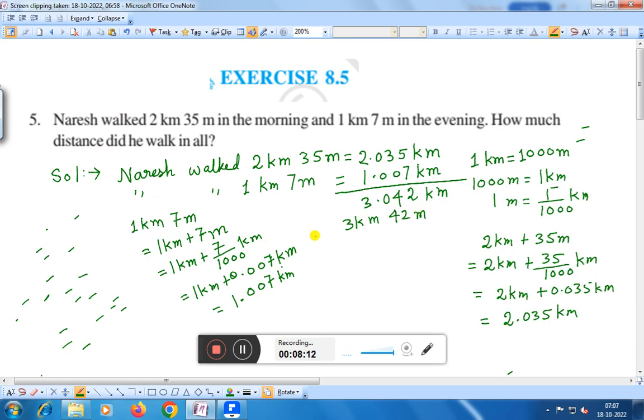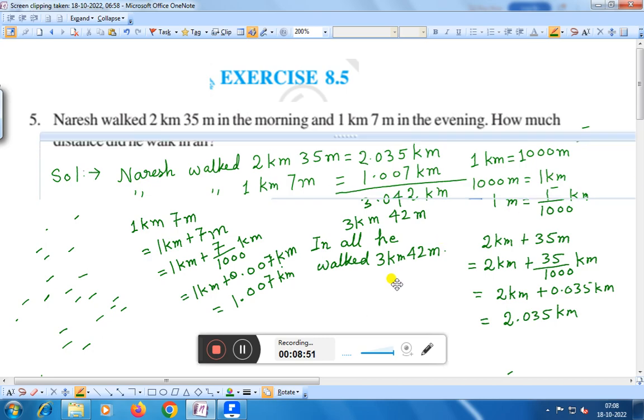Therefore, how much distance did he walk in all? In all, he walked 3 kilometer 42 meter. This is the solution of question number 5.